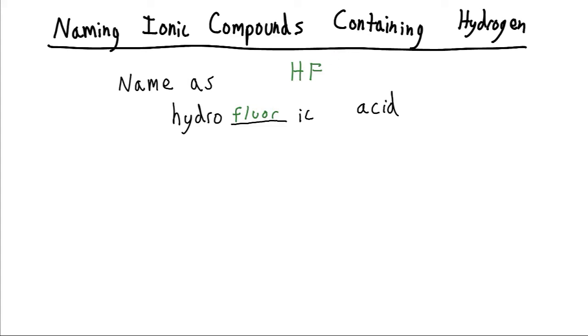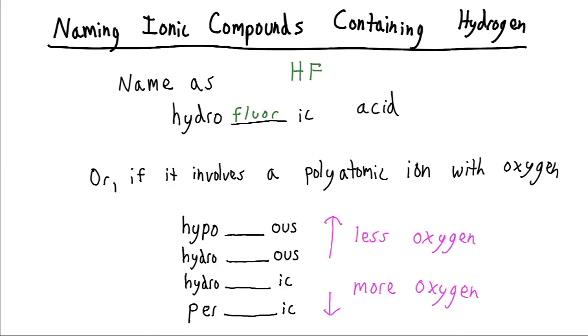Now again, we can have those varying quantities of oxygens come in. So if we have a polyatomic ion here acting as our anion, and we have a few versions of it with varying quantities of oxygen, then we will start with this as our default case. So we will name that the ic form.